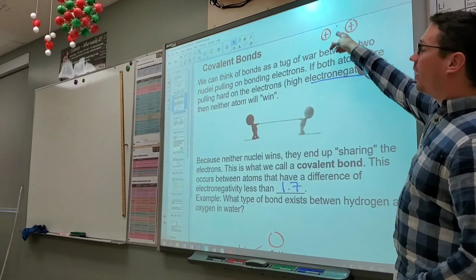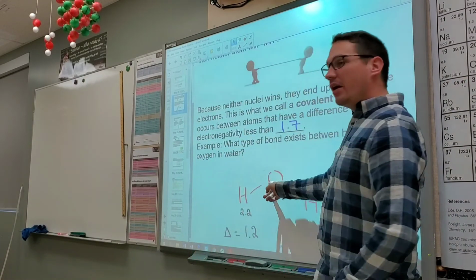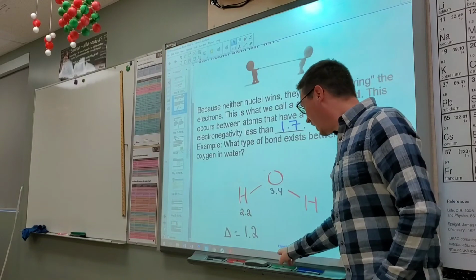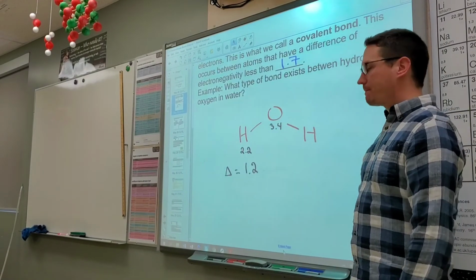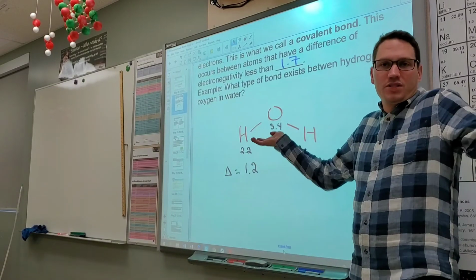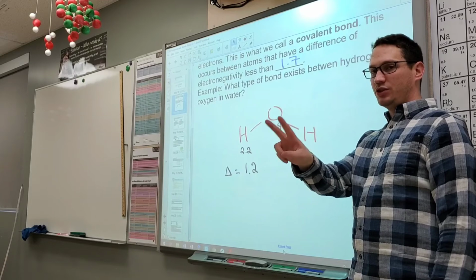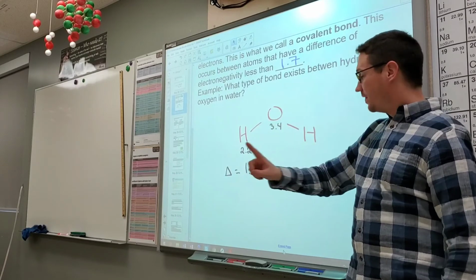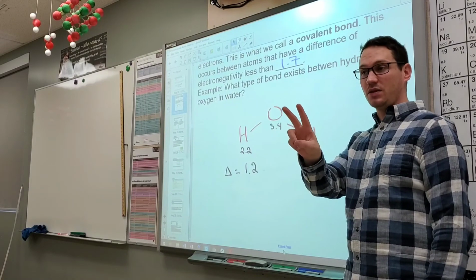When I look at my water molecule, what's holding the oxygen and the hydrogen together? What's bonding these things together? Yeah, it's a covalent bond. What's a covalent bond made out of? Two electrons, right? This bond symbolizes two electrons, right?